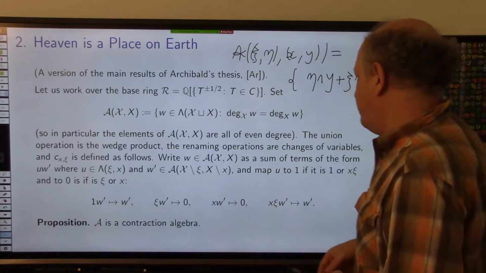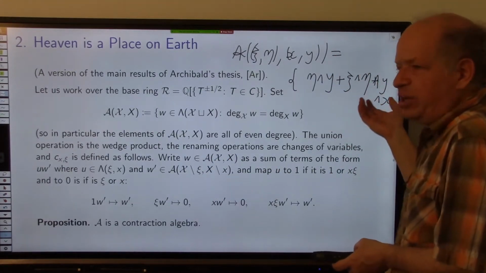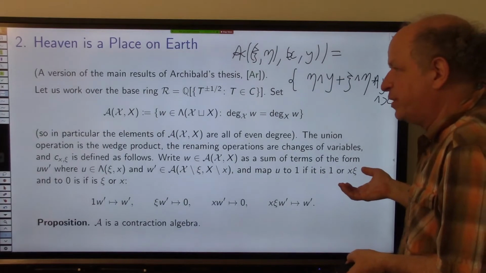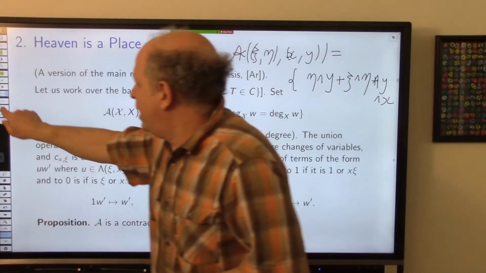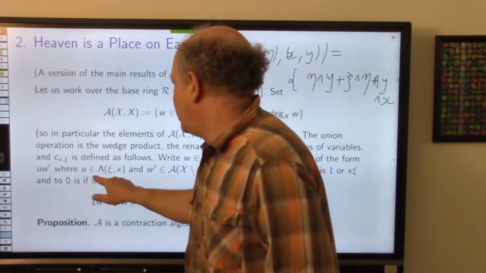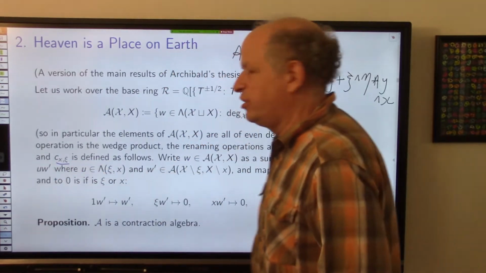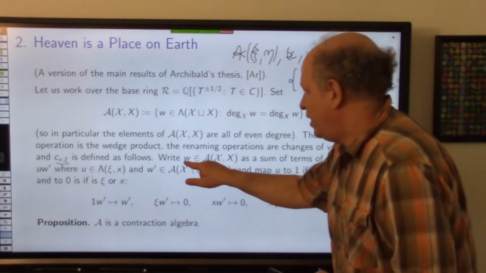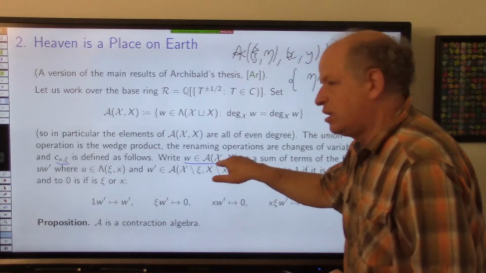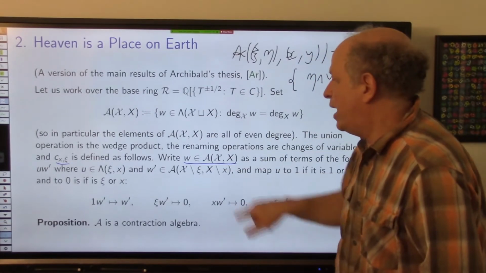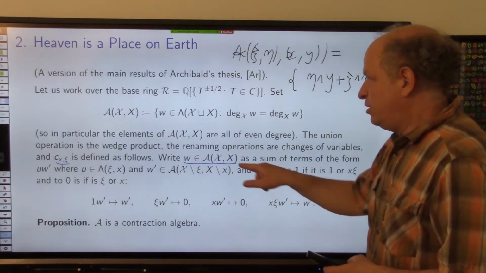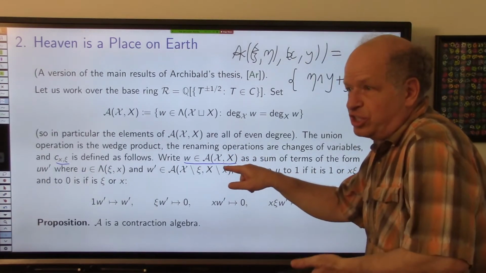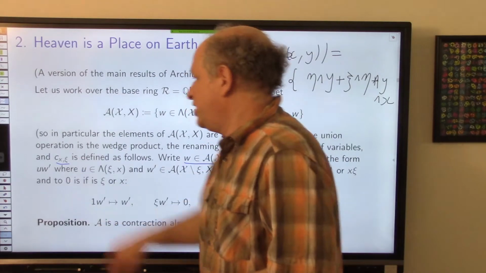The renaming operations are you just rename the variables, you change the variables. And the interesting operation is the contraction operation. So suppose you have a W in such an exterior algebra, and the exterior algebra includes the generators x and psi.